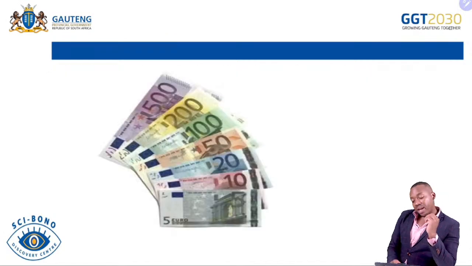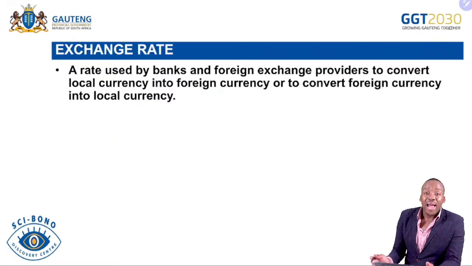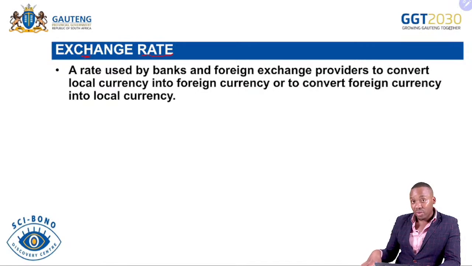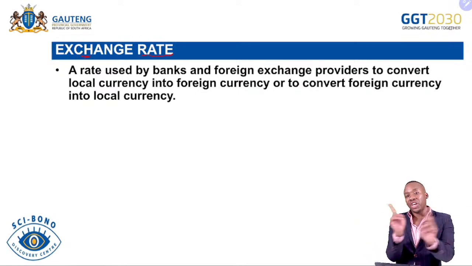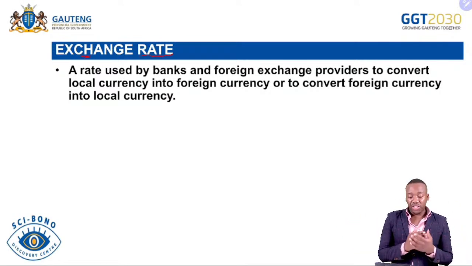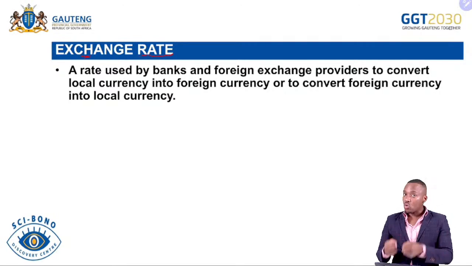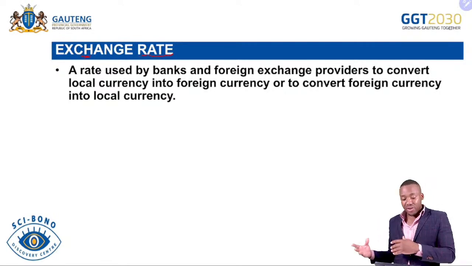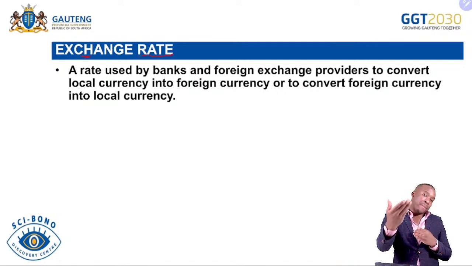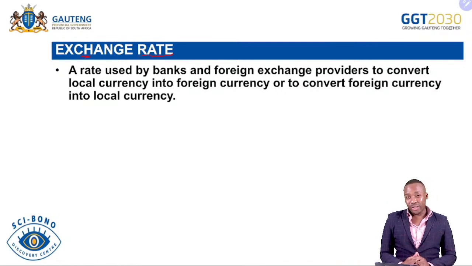And then we have this term that is known as an exchange rate. Remember, we said that all those international tourists, when they are coming to South Africa, they need to exchange. It is about buying and selling. They need to exchange their currencies to local. Even us, when we leave South Africa and go to a foreign country, we need to exchange our rands to the currency of that particular country that we are visiting.